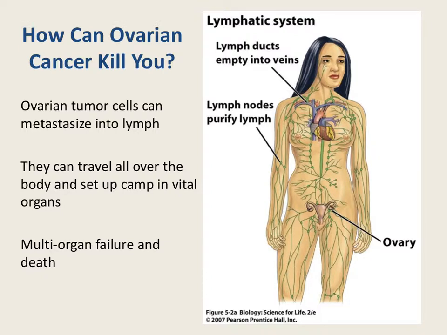So ovarian cancer is often metastatic. It gets into the lymph system, which is part of the immune system. It can travel all over the body. And so you end up with cancer everywhere.